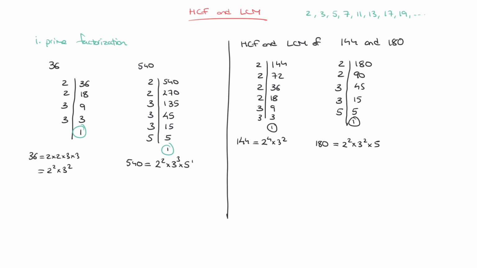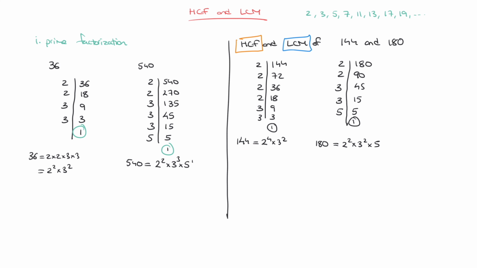Okay? Now, how do we actually find the highest common factor? We'll start with that. I'll try and color coordinate this a bit. So I'll do the highest common factor, and I'll underline that method in orange. And the least common multiple, we'll use blue. Okay? So here's the idea.